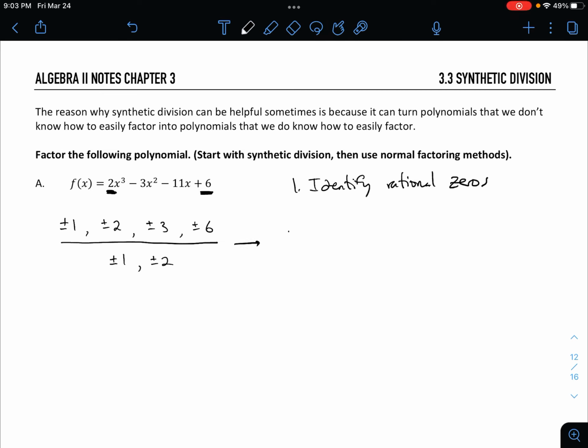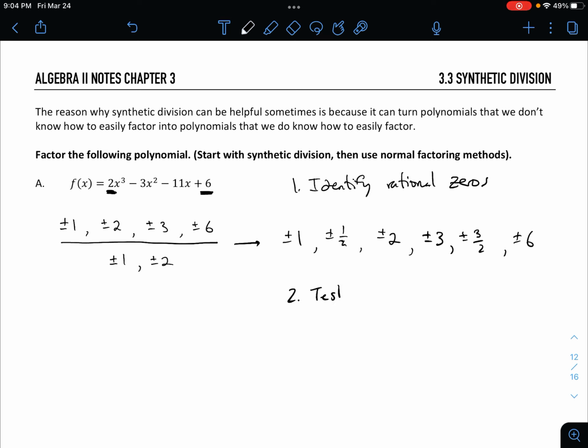And now I've got 3 over 1. Just kind of going down the list here. 3 over 2, 3/2. Then I've got 6 over 1. And then I've got 6 over 2, which does reduce to be 3, which we already have, so I'm not going to rewrite that. So these are all the possible rational zeros of this function, right? That was my step 1.